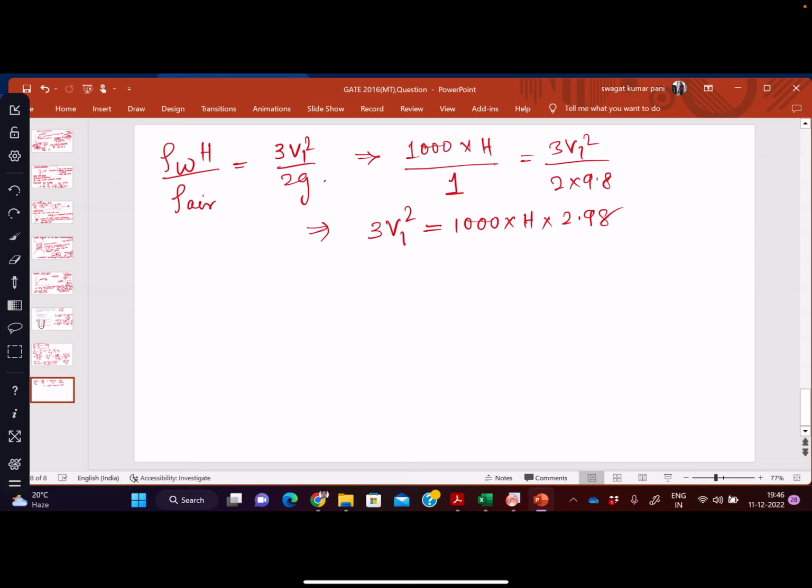So 3 V1 square is equal to 2 into 9.8 into 1000 into h.